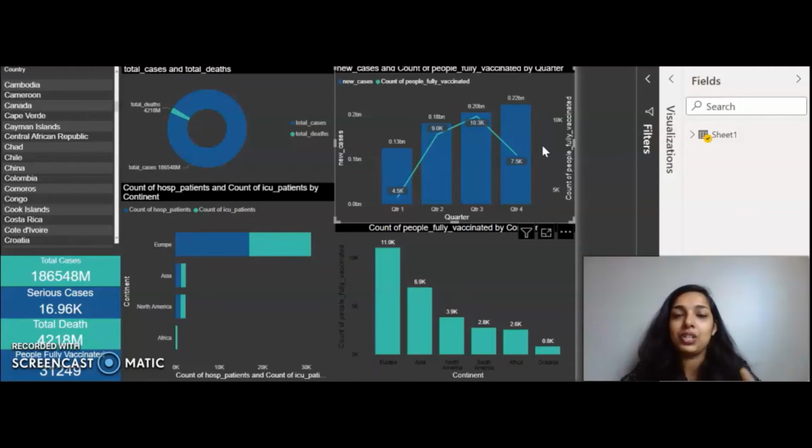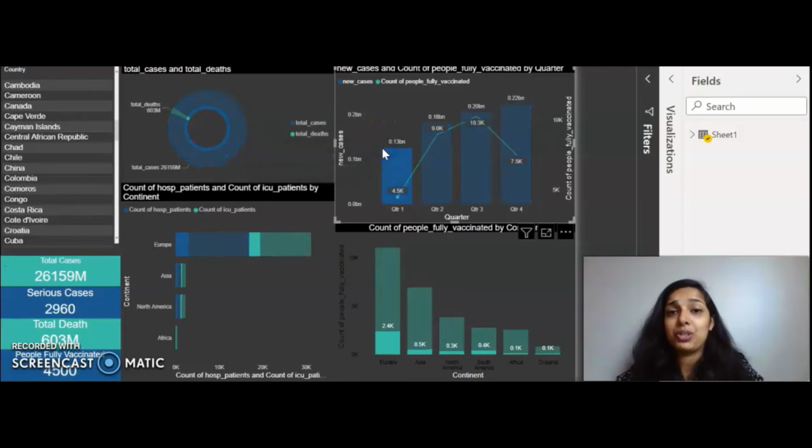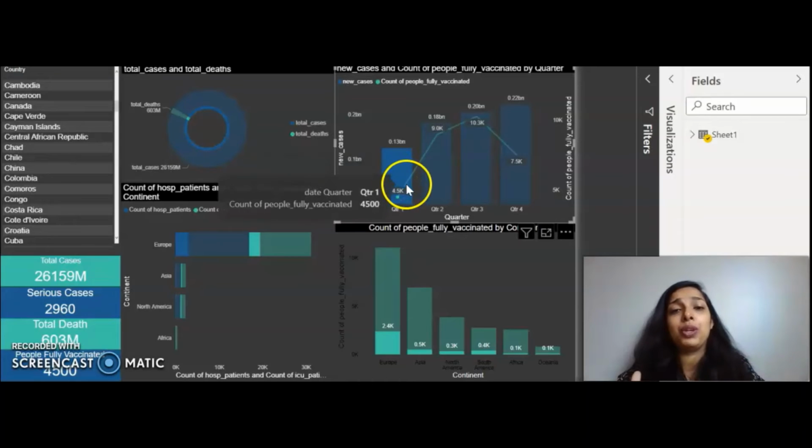Now let's look into the line and stacked column chart, where we have plotted the new cases and the count of people fully vaccinated by quarter, that is a 3 months gap from January to December. For the first quarter, from January to March, the count of new cases was around 0.13 billion, and the people fully vaccinated were around 4.5K. For the second quarter, the fully vaccinated count is around 9K, and the new cases are around 0.18 billion.